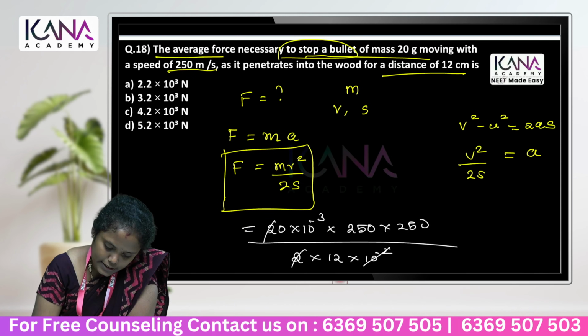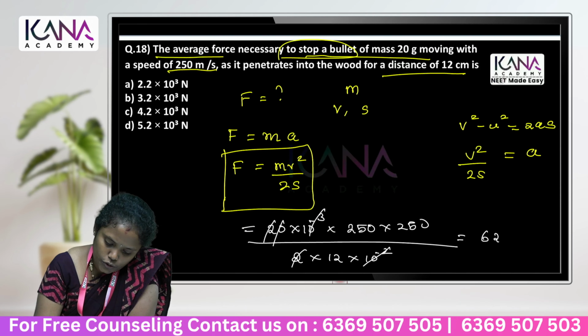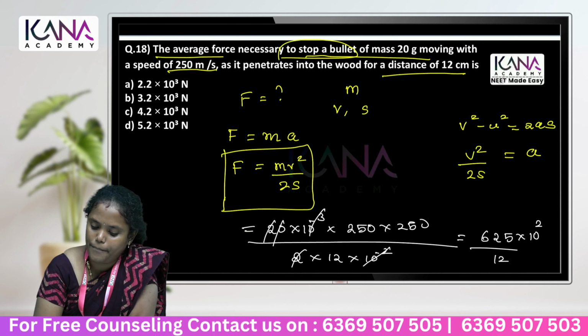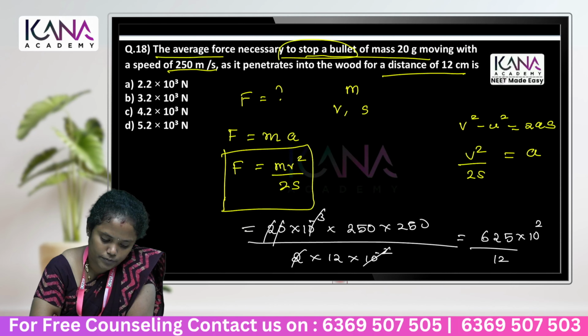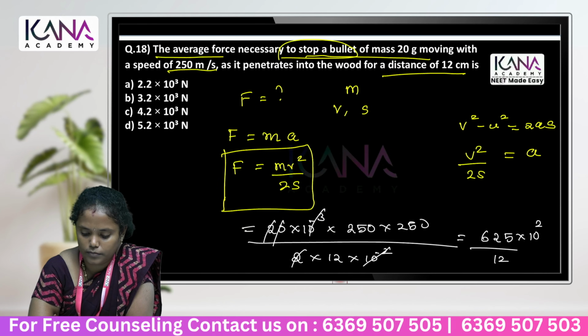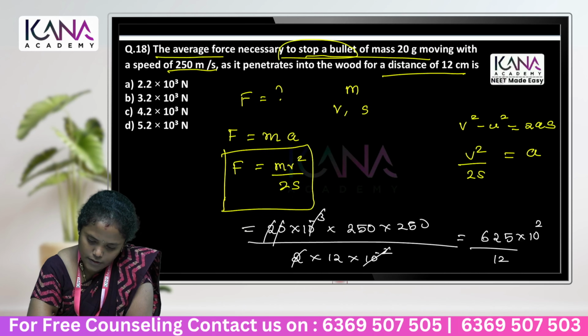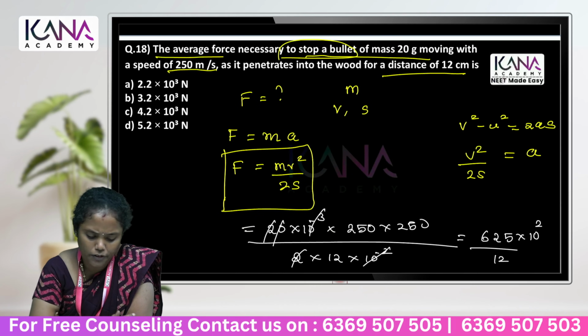And 625 into 10 to the power 2 by 12. So option should be D. Yes, 5.2 should be 5.2.